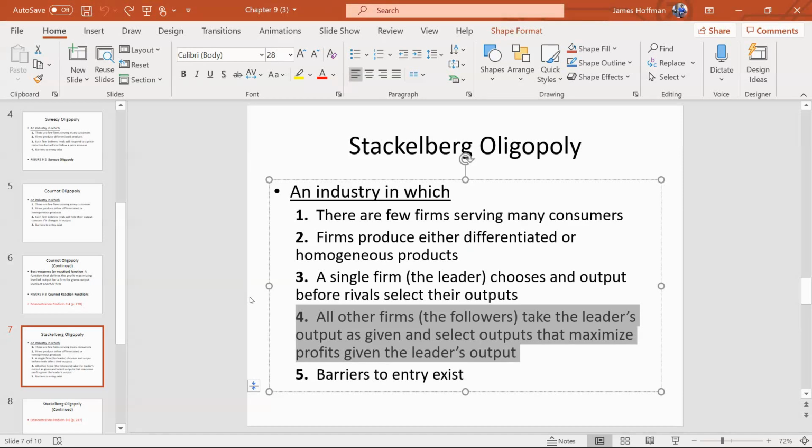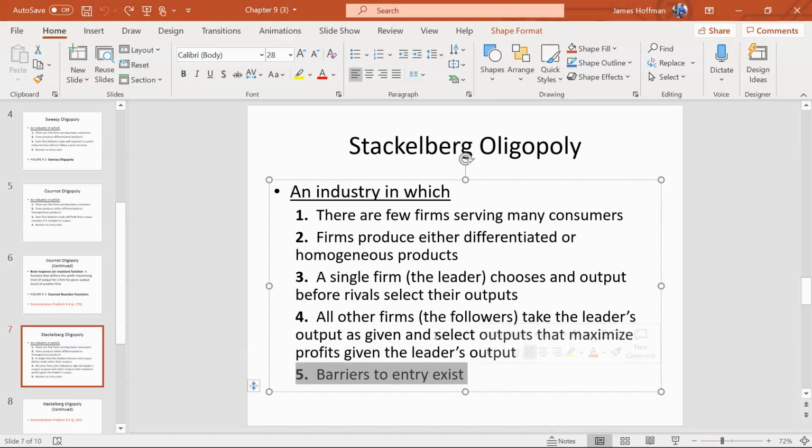So there's a leader and a follower, and they don't simultaneously choose their output. One firm goes first, which has a little more market power, and then the other firms go next. And there are always barriers to entry in oligopoly because it's hard to penetrate this market because of the current market power that the firms have.